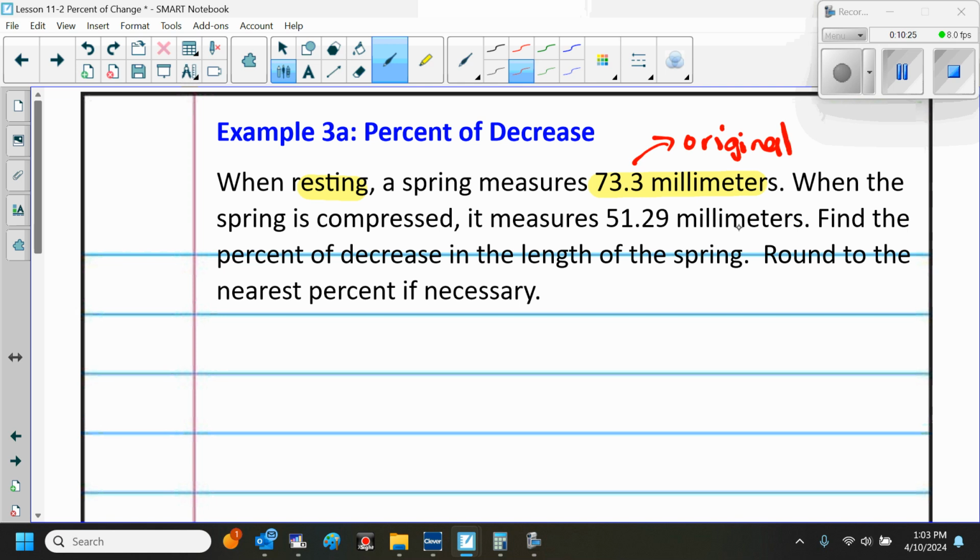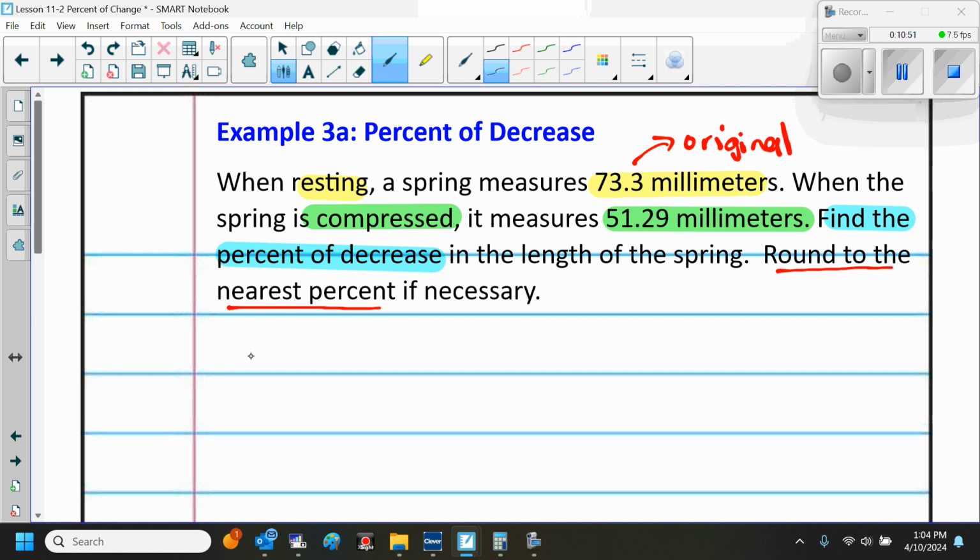How do you spell original? All right, so then when it's compressed, it measures 51 and 29 hundredths millimeters. Okay? So we want to find the percent decrease, and we want to round to the nearest percent if necessary.